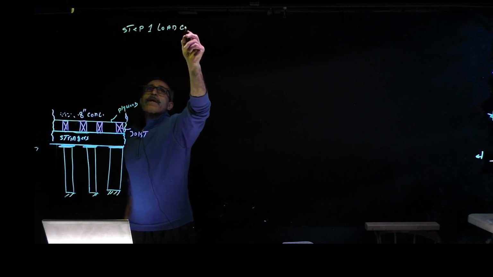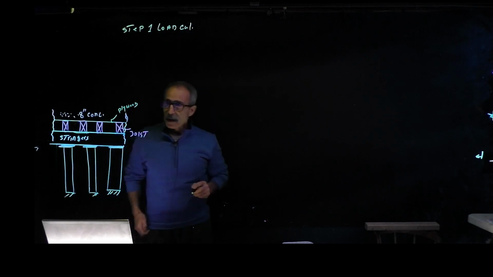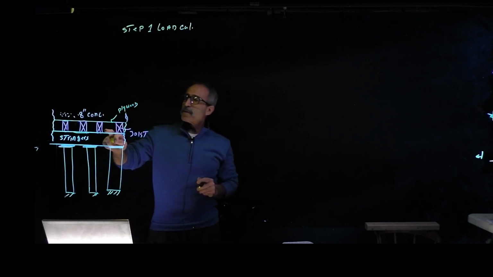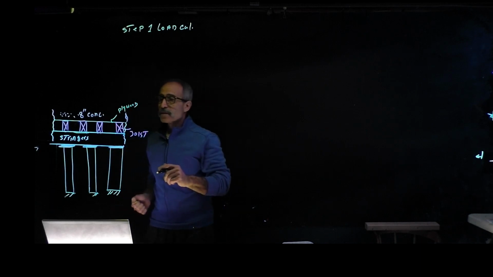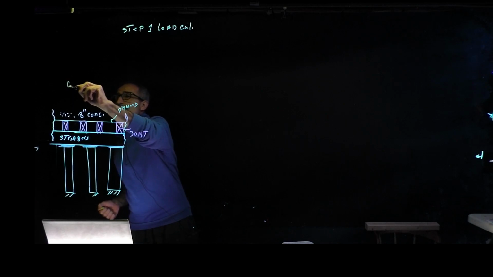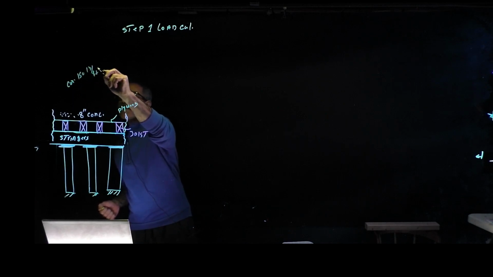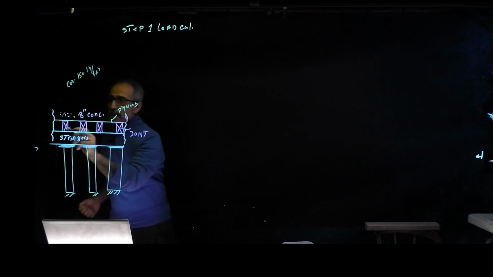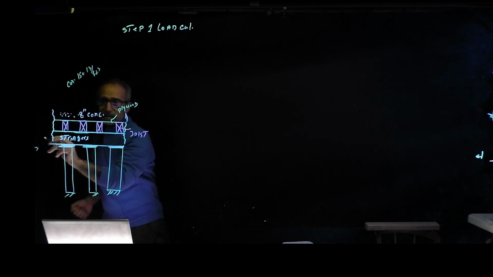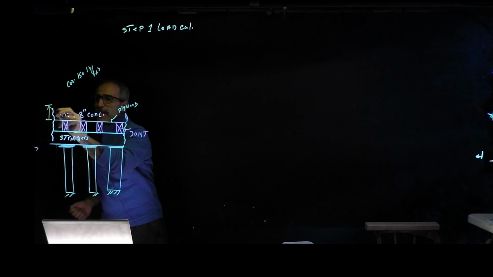Step 1, load calculation. The concrete is given to us as 150 pounds per cubic foot. I have an 8-inch thick slab, so the thickness of the concrete is 8 inches.